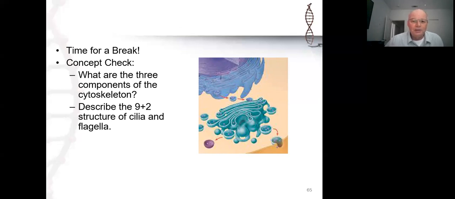So another concept check, just quickly. What are the three components of the cytoskeleton? And describe the 9+2 structure of cilia and flagella. Let's cue the Jeopardy music again. You probably have it as an earworm playing in your head at this point.